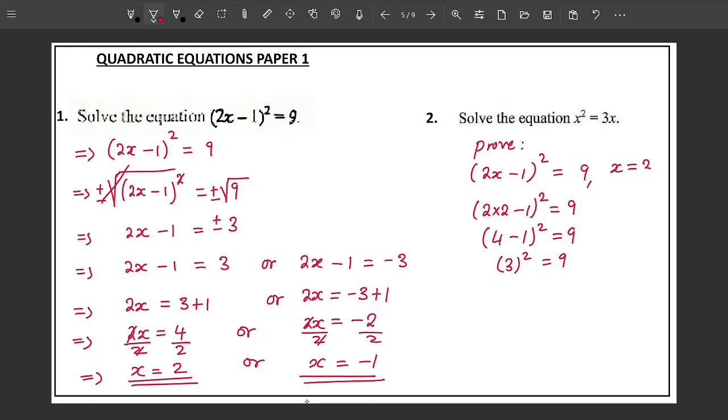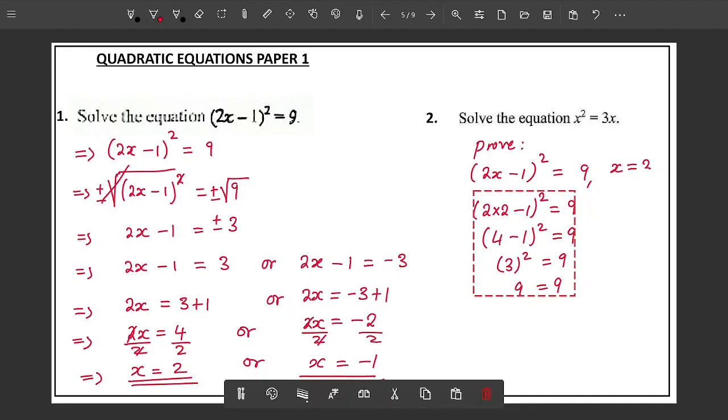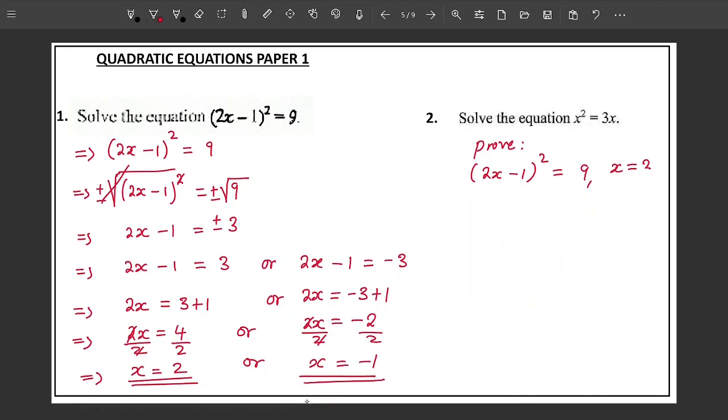So 3 to power 2, what answer is there? 9. Then equals 9. Is this correct? Yes, this is correct, meaning this value we found, x is equal to 2, is correct. So we have proven one value. So let's prove the other value as well, which is x is equal to negative 1.